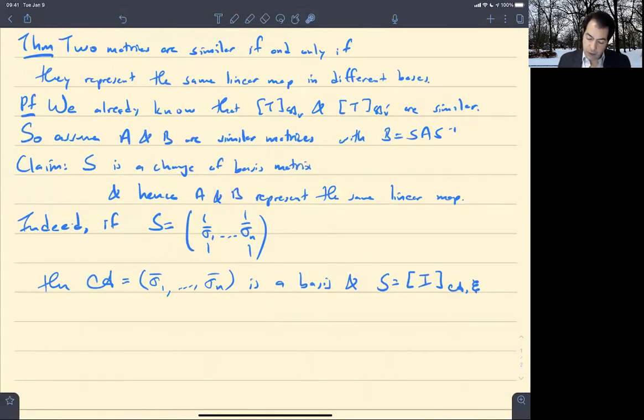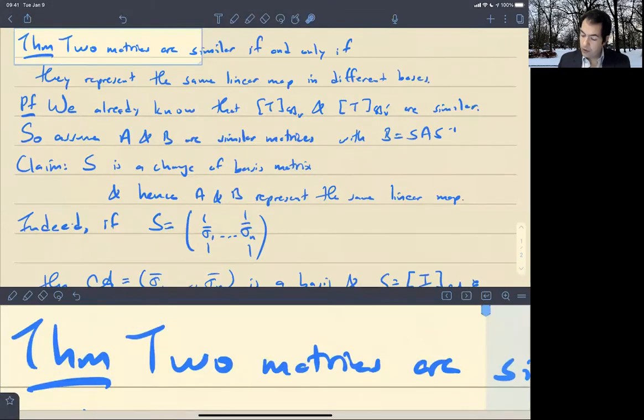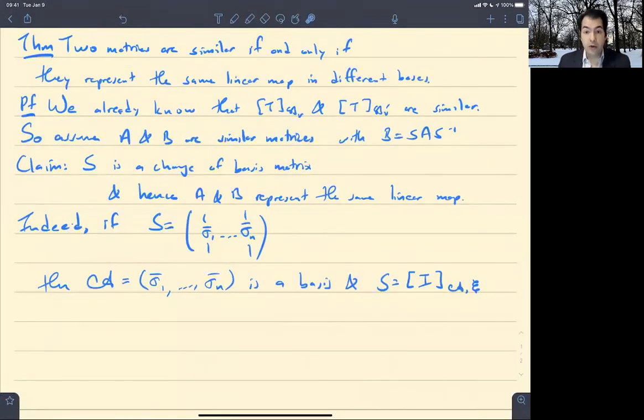So how do we know that this is a basis? Well, we already saw this, right? A matrix is invertible if and only if its reduced row echelon form is the identity matrix, which is equivalent to saying that the columns are a basis of F^n. And then we saw last time that it's really easy to write the change of basis matrix when you want to end up with the standard basis, because what you're given are exactly the basis elements written with respect to the standard basis, right? So S is this change of basis matrix. And so we're done.